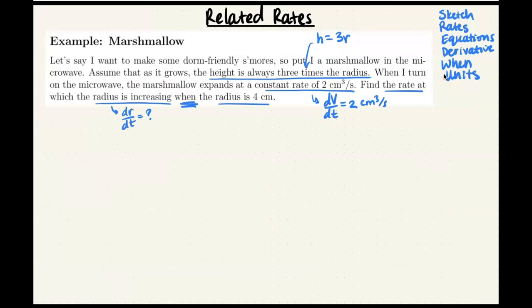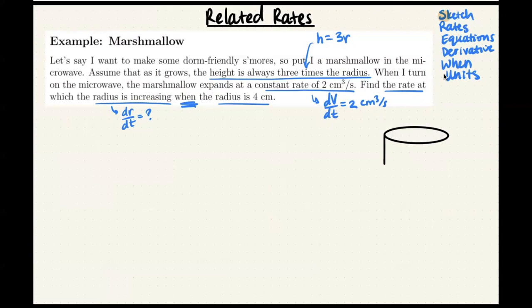All right, first let's sketch our picture. I'm doing my little acronym here. So, sketch. I'm saying the marshmallow is typically a cylinder. There we go, that's a pretty good cylinder there.